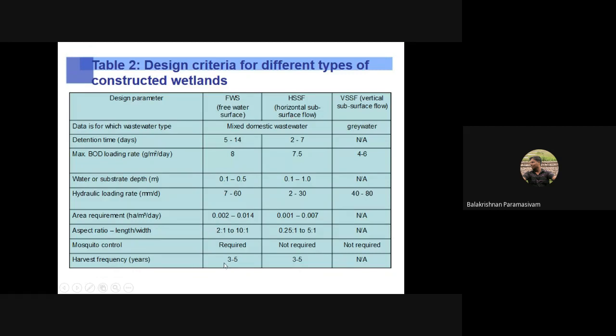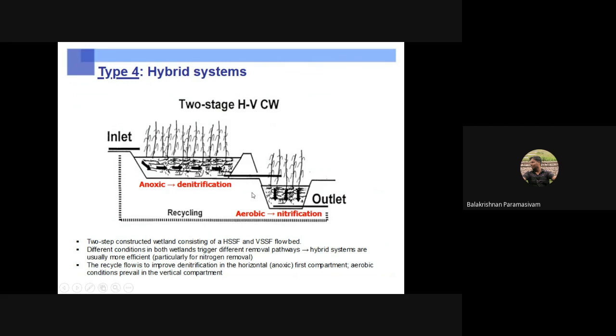Then harvest frequency. Sometimes this can be used, for example in Madurai, the place called Avaniyapuram, where they have a 125 MLD sewage treatment plant. After the sewage treatment system, this water will be used for agricultural purposes.